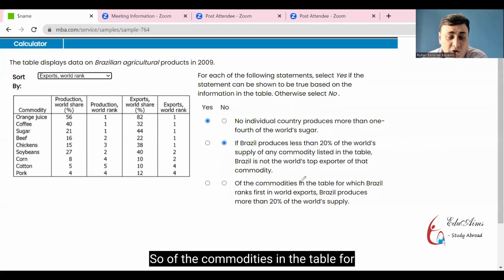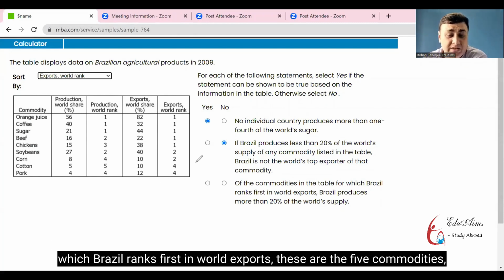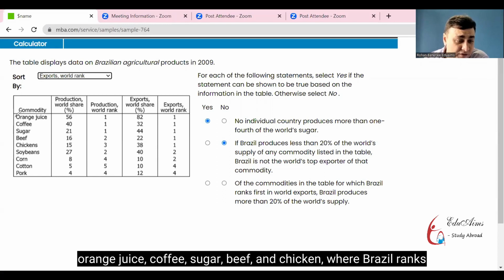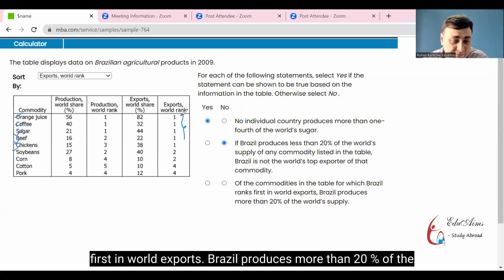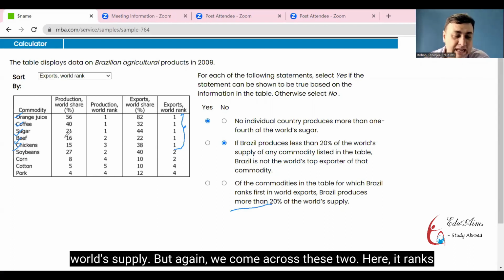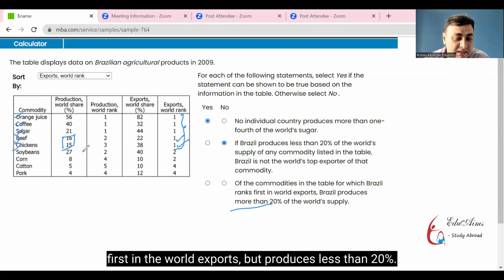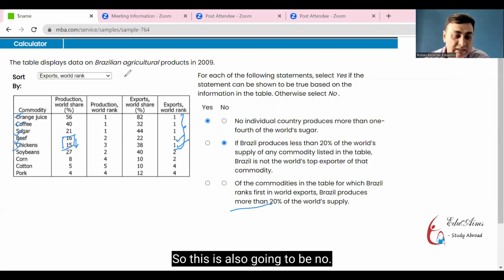These are the five commodities where Brazil ranks first in world exports: orange juice, coffee, sugar, beef, and chicken. But again, we come across this too: it ranks first in world exports but produces less than 20%. So this is also going to be no.